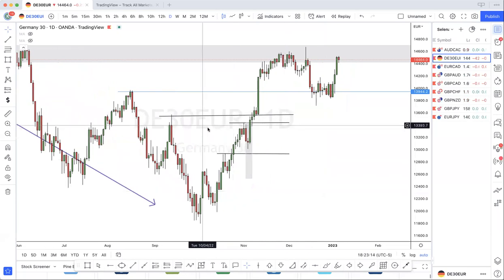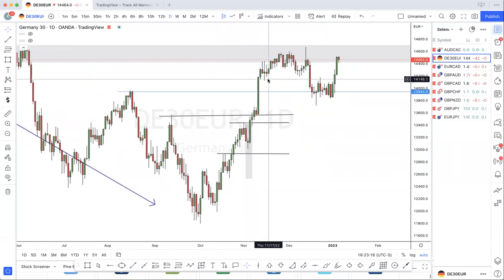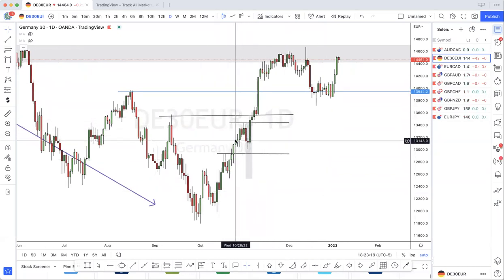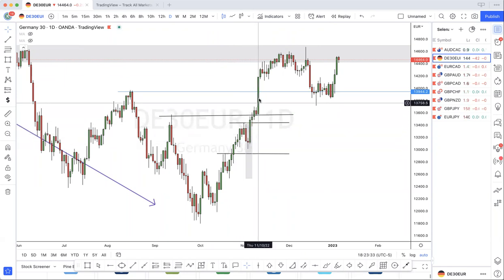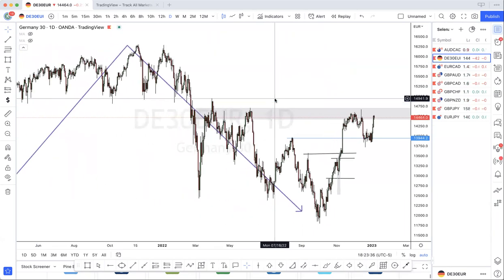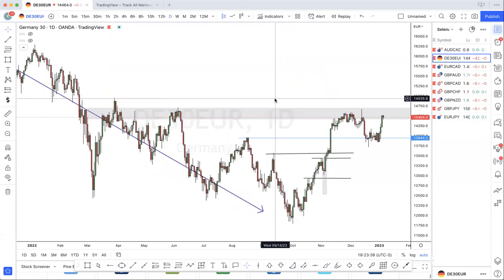But because it did not break any of those lows, even that low right there, it gave an order block, then a bullish order block, then a bearish order block, but it wasn't breaking lows. So definitely stay on the lookout for that.